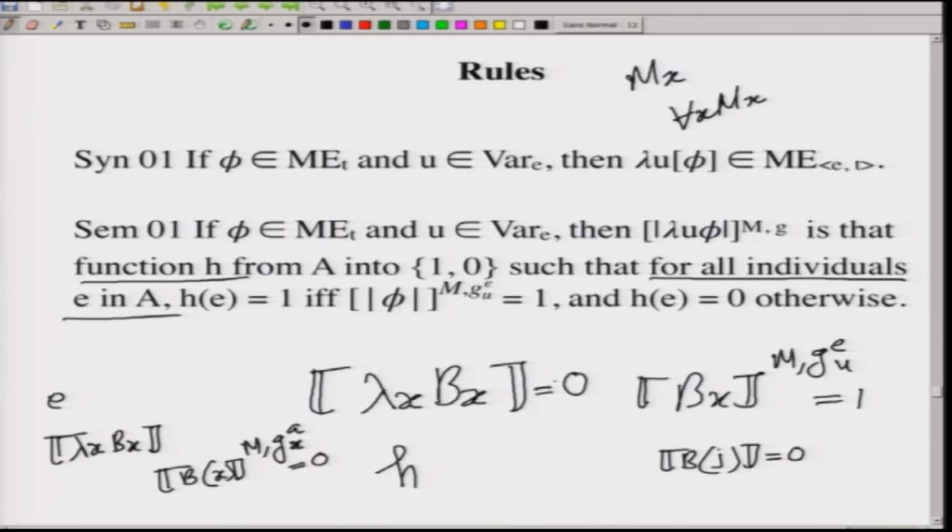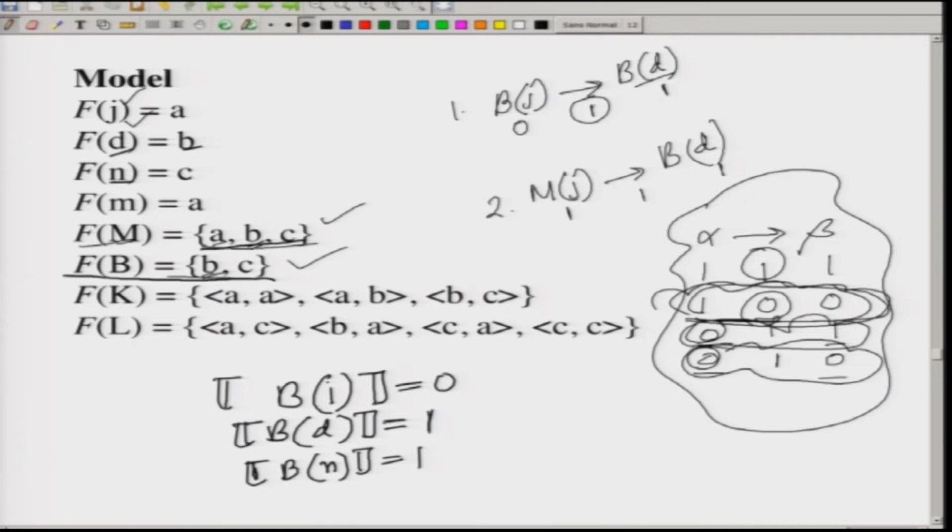In the case of the first predicate, that is m, it would be 1, because it applies to all individuals. So we could have said that lambda x m x is 1, because with respect to m and g, all value assignments, so there are 3 assignments, right.